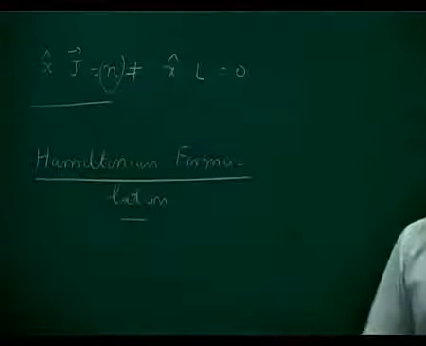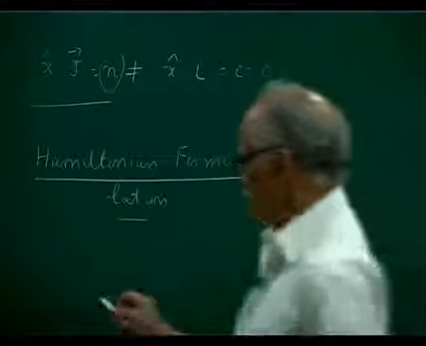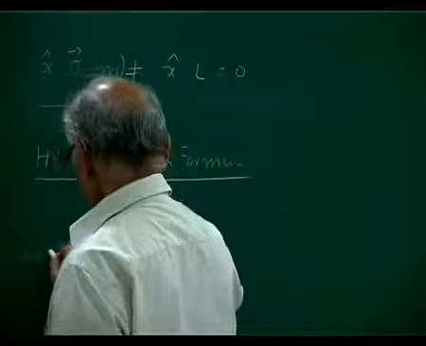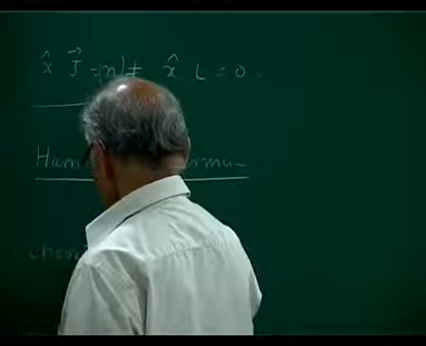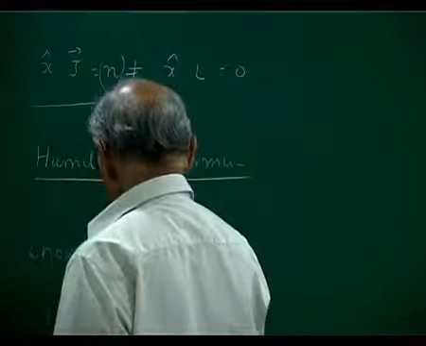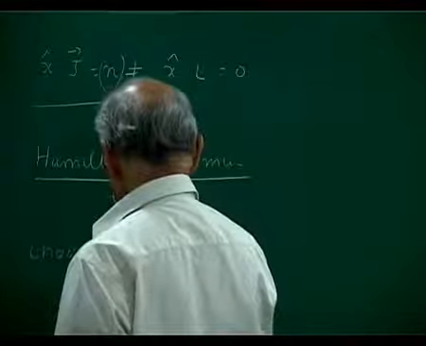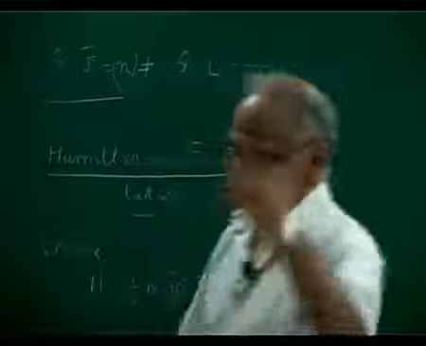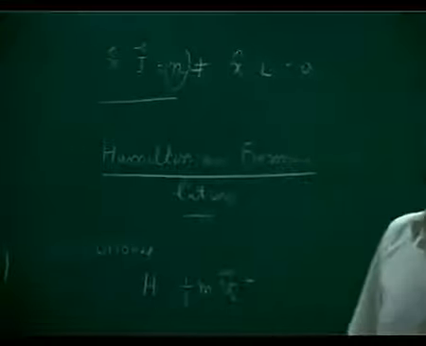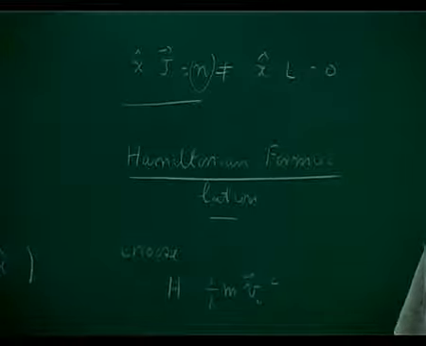This is easier than the Lagrangian formulation, because here I can choose the Hamiltonian to be 1/2 velocity dot square, and I will give you Poisson brackets between the coordinates and between the velocities.